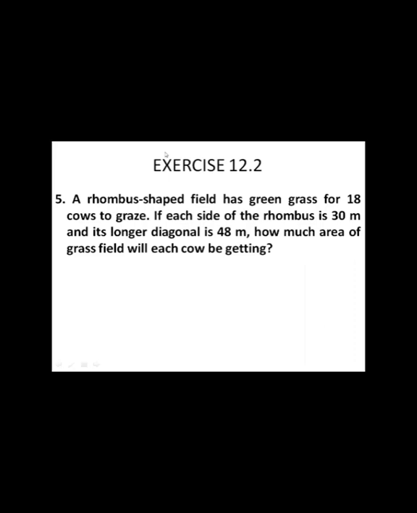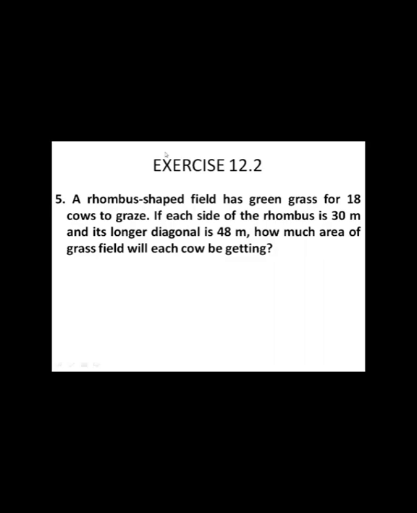There is a field which is in the shape of rhombus, and it has got grass for 18 cows to graze. The dimensions of the rhombus are given. It says that the side is of 30 meter and its longer diagonal is 48 meter. We have been asked to find how much area of grass will individually every cow get. That is, each cow be getting.